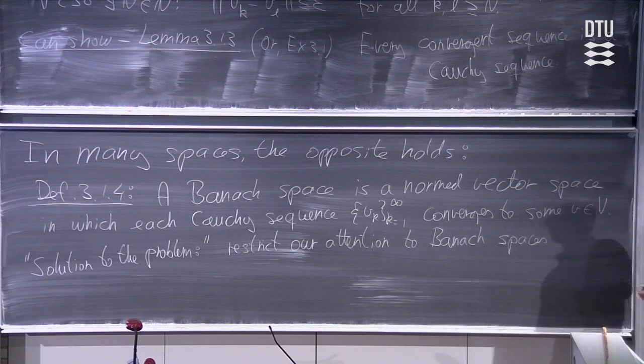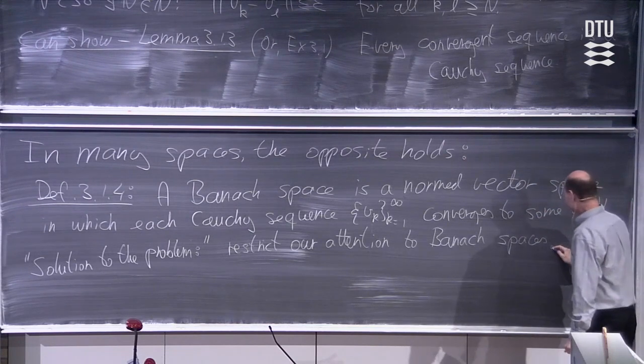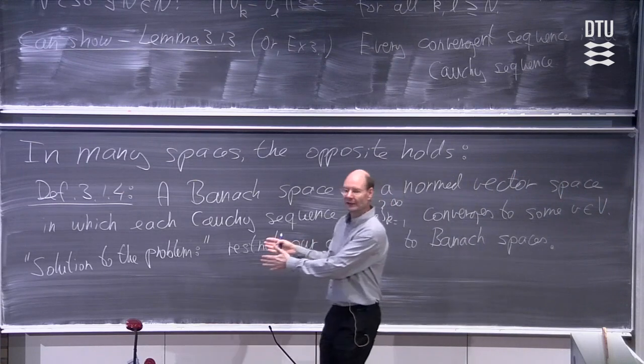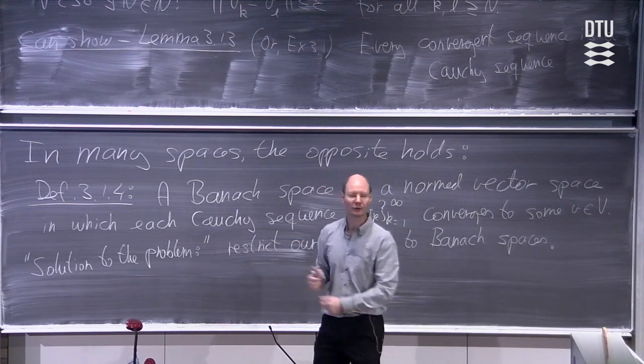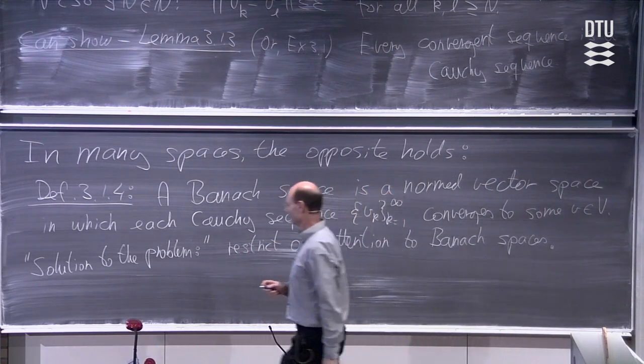Because in Banach spaces, then you can just check our definition 3.1.1 instead of the real definitions of convergence. So you might say, this is not really a solution, this is just that now I tell you what we want to do.